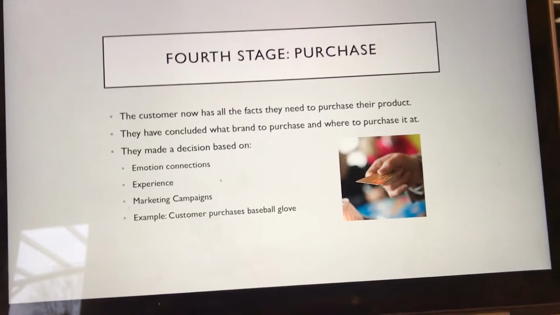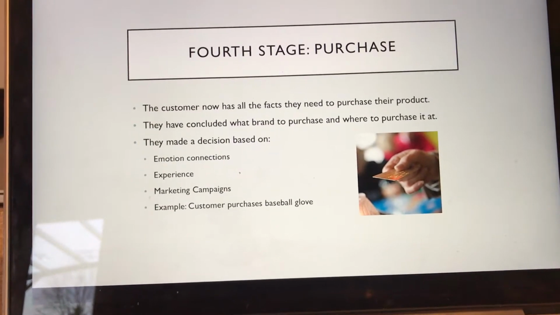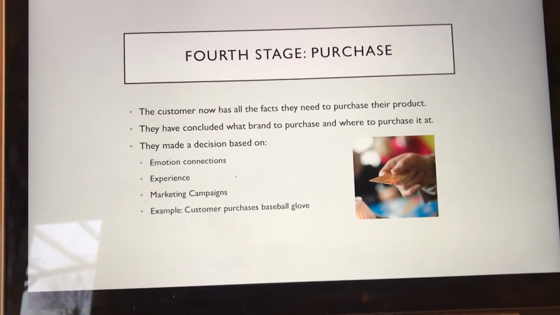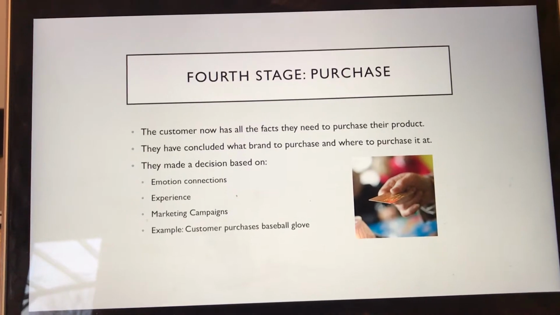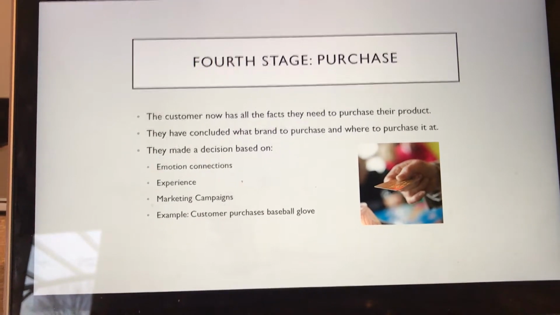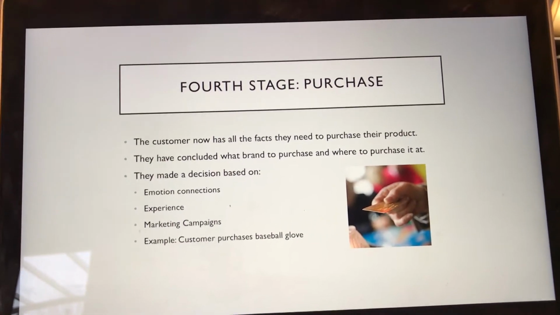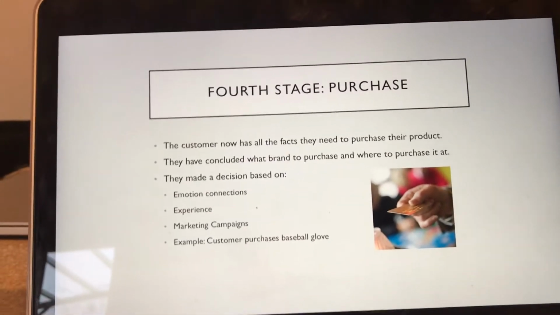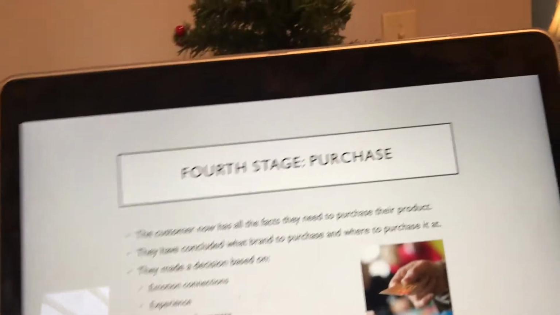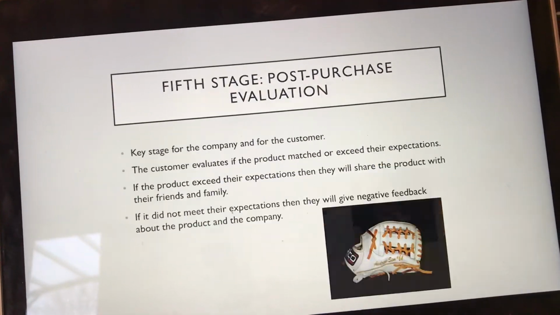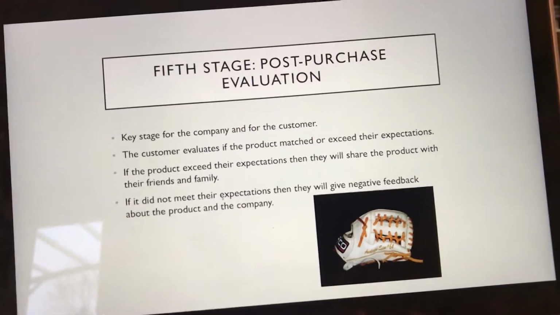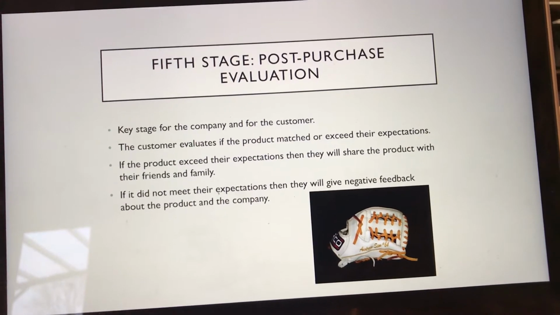You were able to purchase your glove after you went through the first, second, and third stage, because you went through all those different stages to get where you are. So this is where you purchase it and you move on to the 5th stage, which is the post-purchase evaluation.